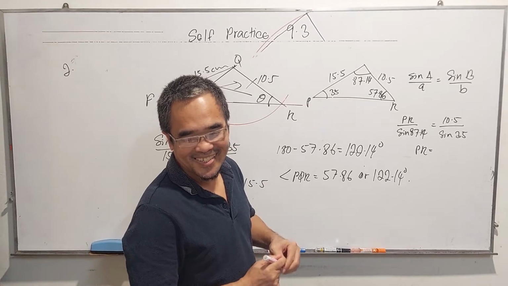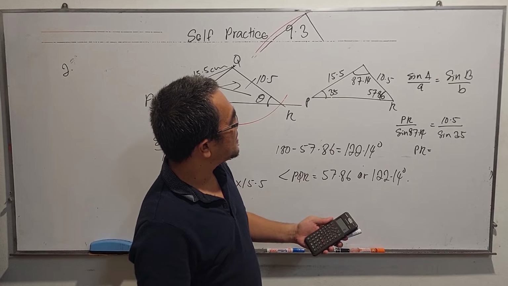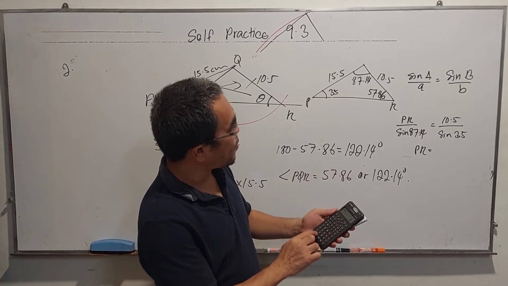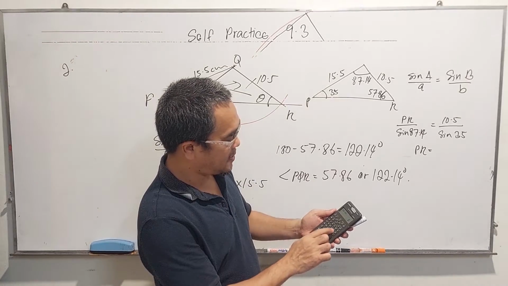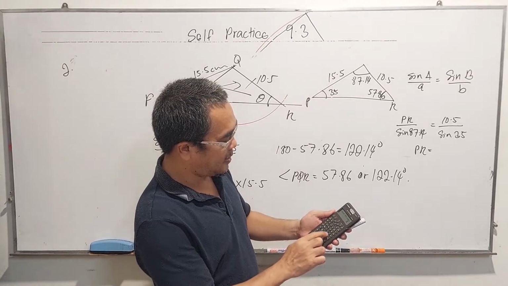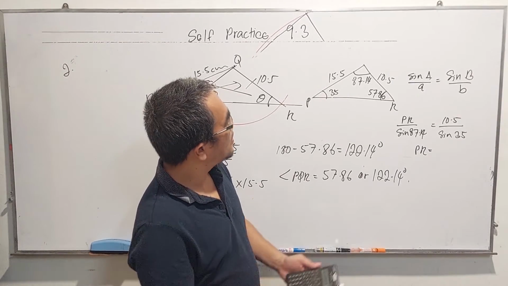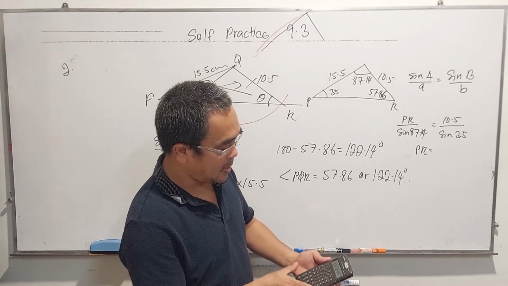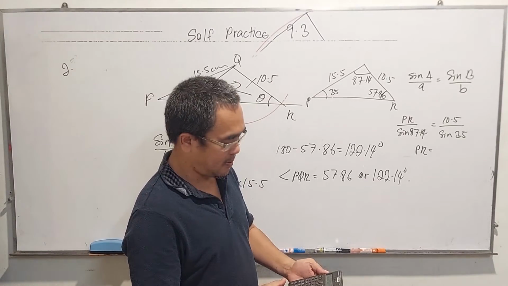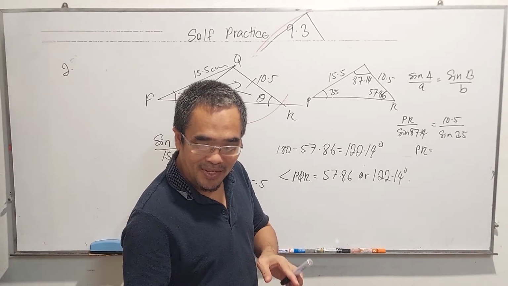Is it a maths error? Okay. 10.5 times sine 87.14 divided by sine 35. Did you get 18.28?